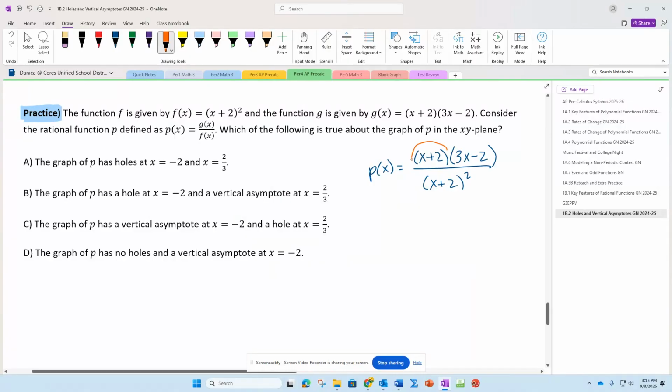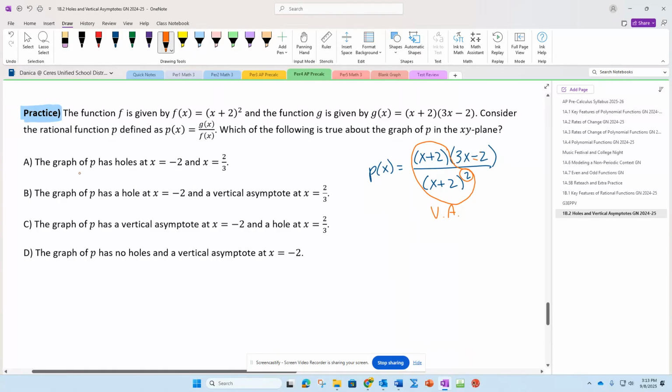We look at our matching factor of x plus 2, and our degree is larger in our denominator, so we're going to get a vertical asymptote. And the 3x minus 2 is in the numerator. We haven't talked about this yet, but that's actually going to give us a 0. It does not give us a hole or a vertical asymptote, so we just ignore that.